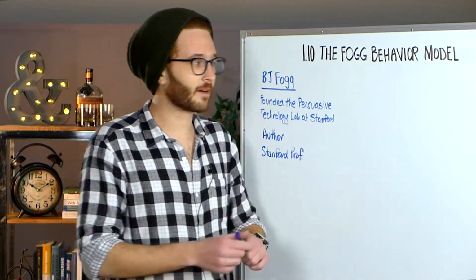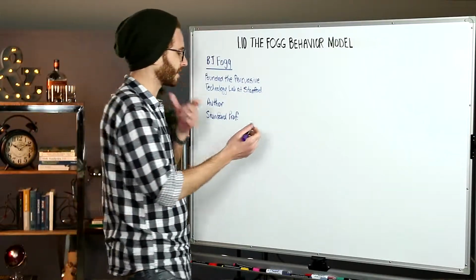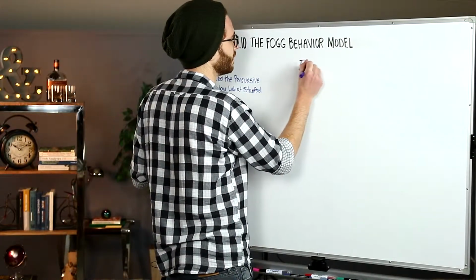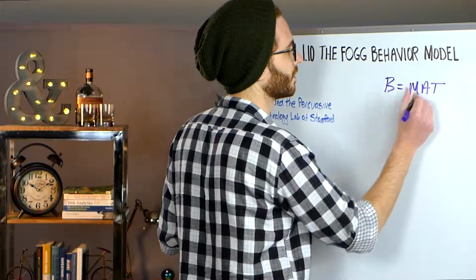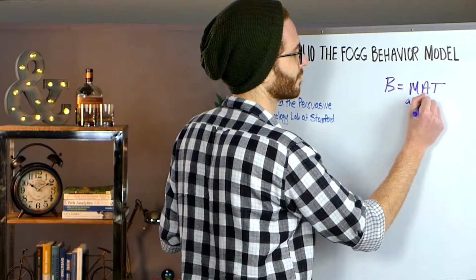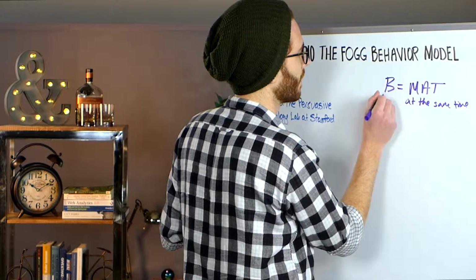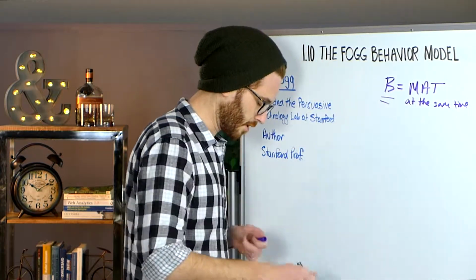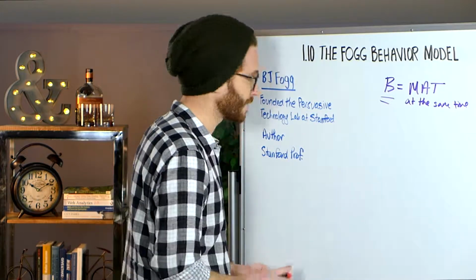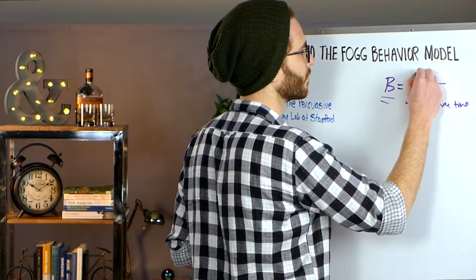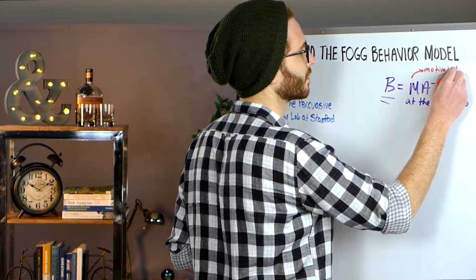So in the Fogg behavioral model, it's very simple and very elegant. B equals MAT at the same time, okay? Behavior can occur when three things converge in the person at the exact same time. M, you need motivation. You need to be motivated to act.